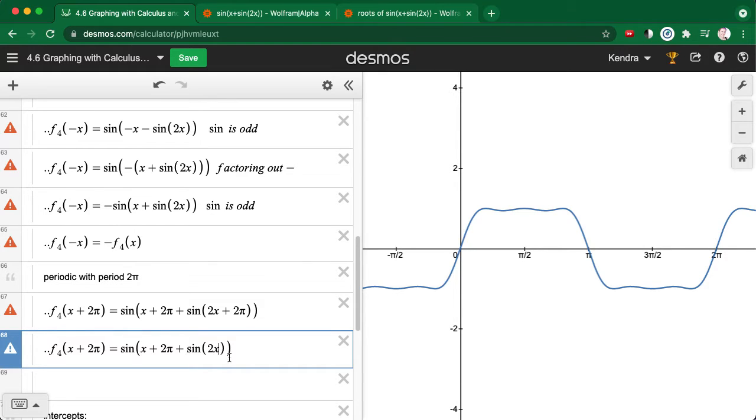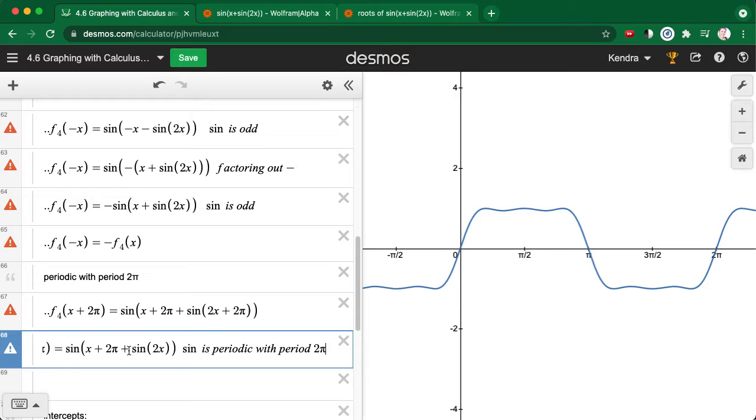Those are the same, since sine is periodic with period 2 pi.